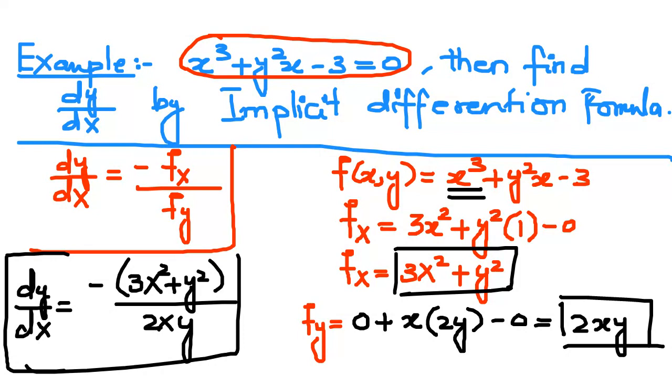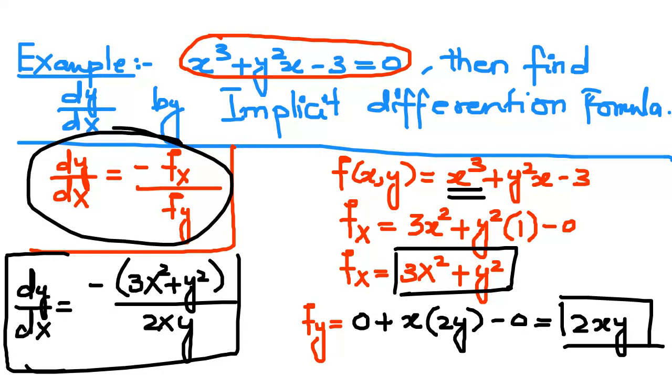Is this clear? You just have to simplify the function in terms of x and y, then find the partial derivative with respect to x and the partial derivative with respect to y, and substitute in the formula. And this is the formula.